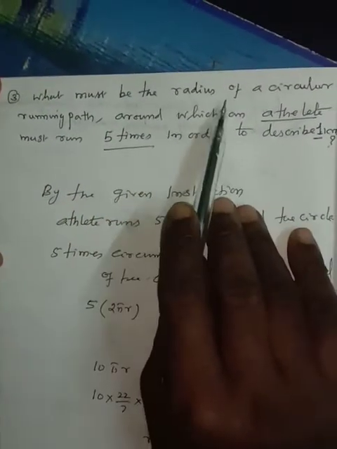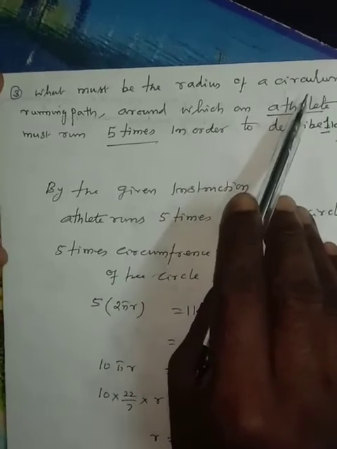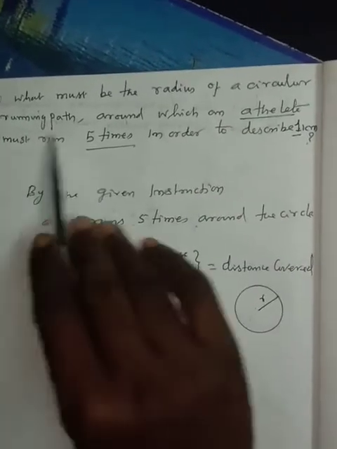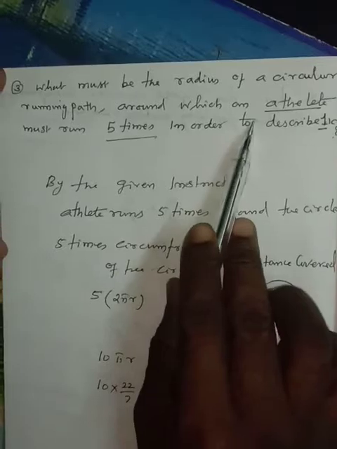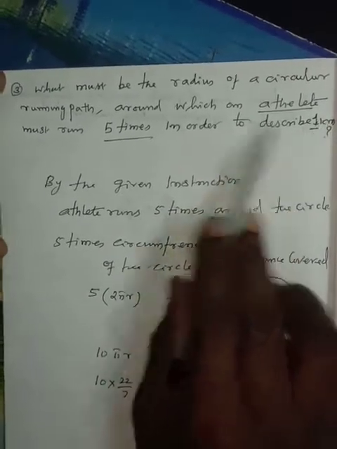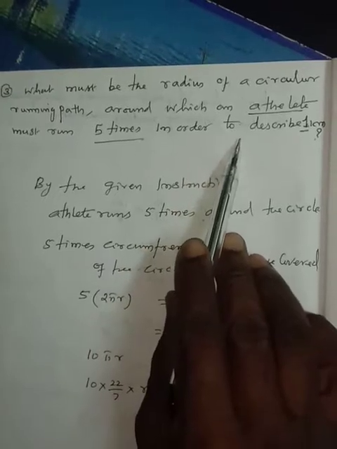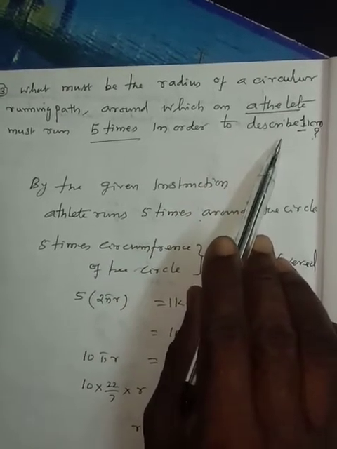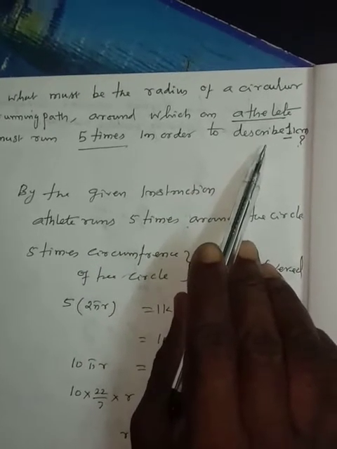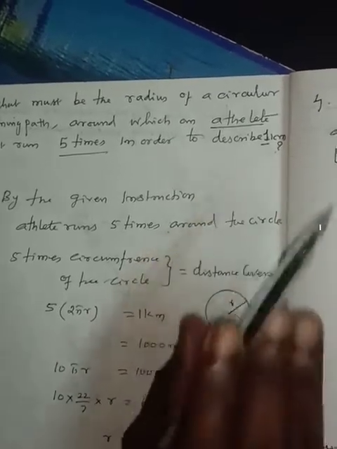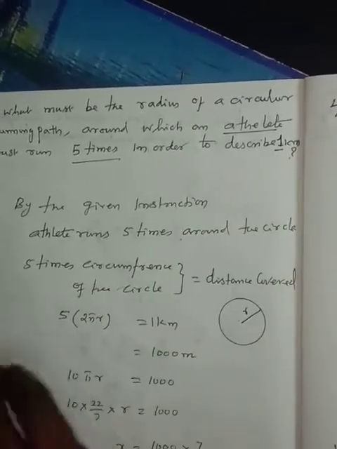What must be the radius of a circular running path around which an athlete must run 5 times in order to describe 1 kilometer?